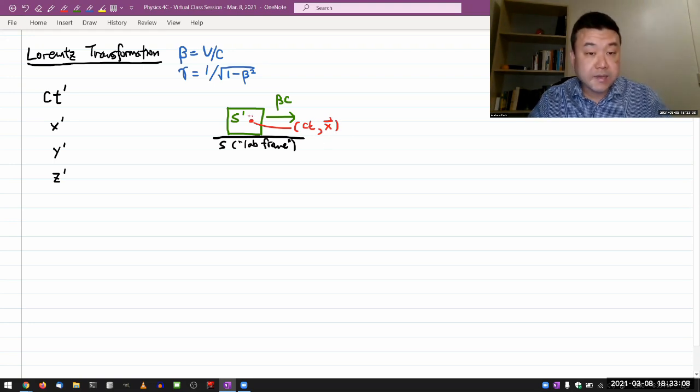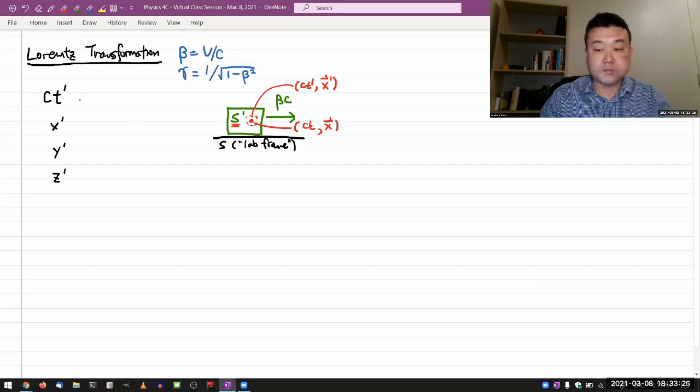And this same point here can be represented in the time and the space coordinates that refer to this moving inertial reference frame. So that's what Lorentz transformation describes. It tells you how to get these primed frame coordinates if you know the unprimed frame coordinates.